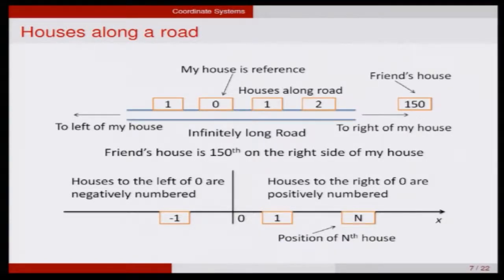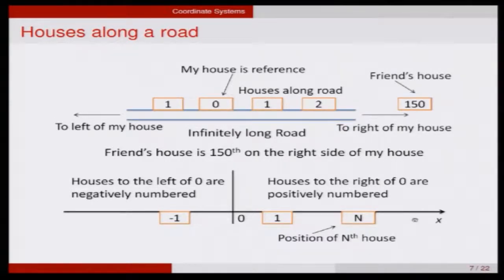Maybe there is a house in between 150 and 151. This house could be 150.5. So, I could say, go to the location of 150.5. Maybe there is a landmark at 203.5 or 203.8. So, I could then say go to the landmark 203.8 or go to the landmark at -153.6. So, I can specify that, and x is the axis that I would be calling.